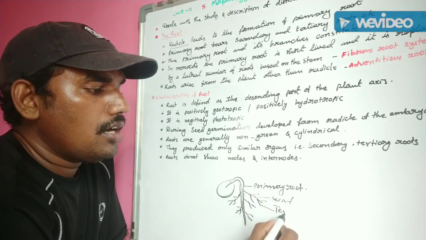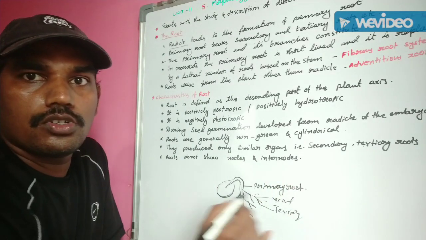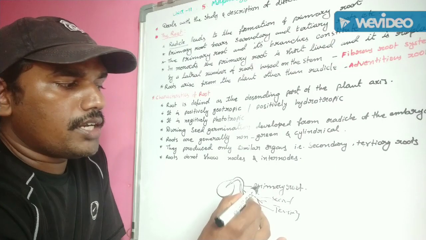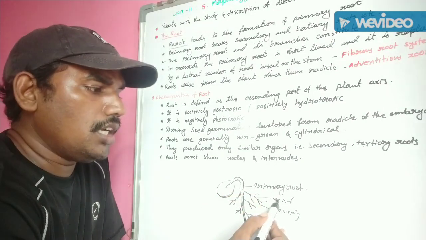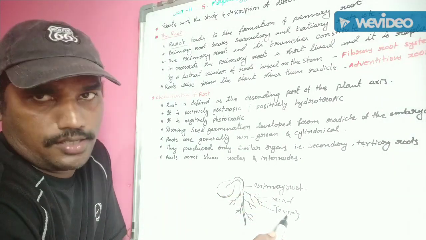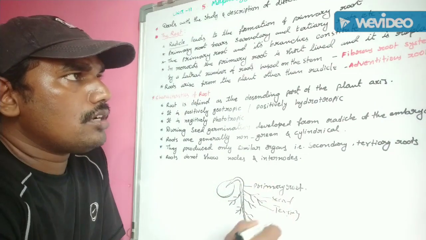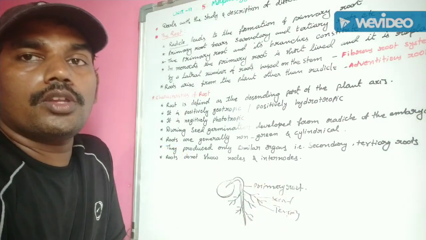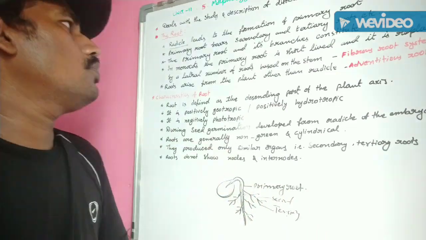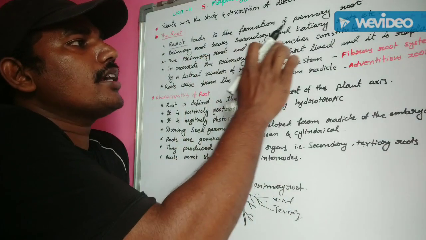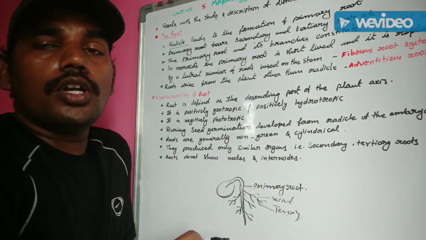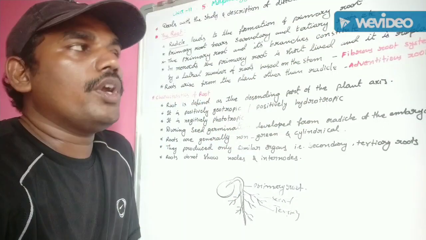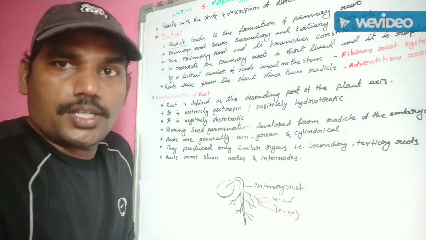These are the tertiary roots. In this way, a root system is developed from the primary root. So, the primary root and its branches constitute one of the root systems, that one is the taproot system.